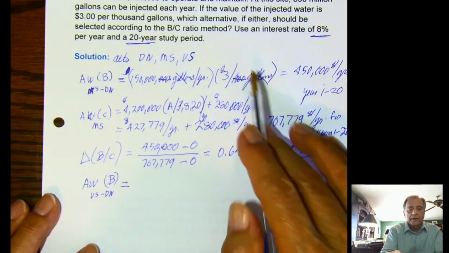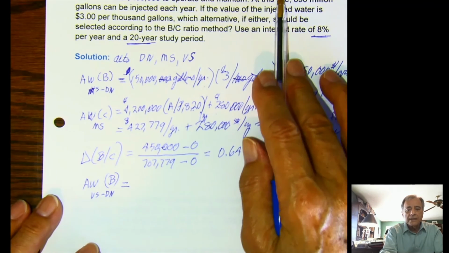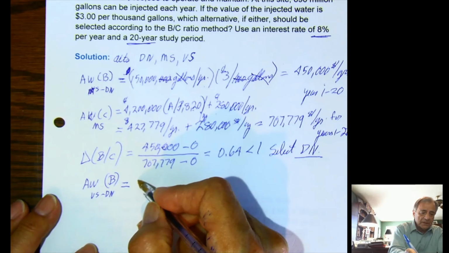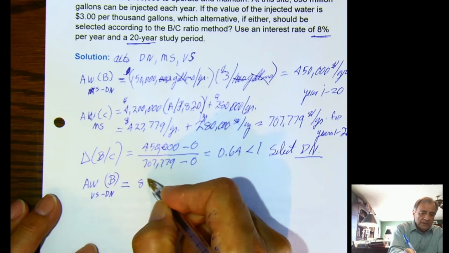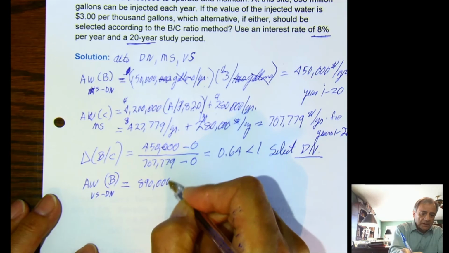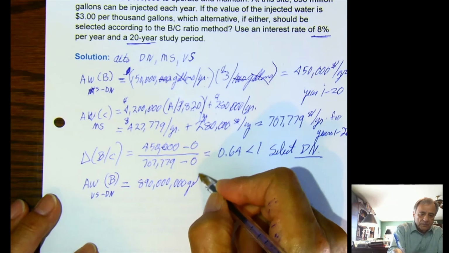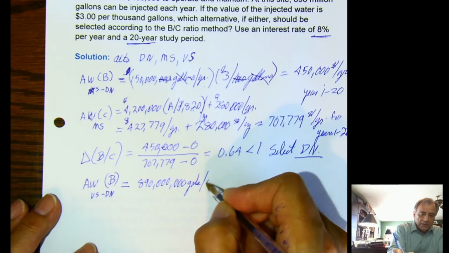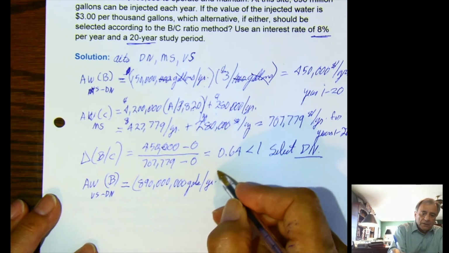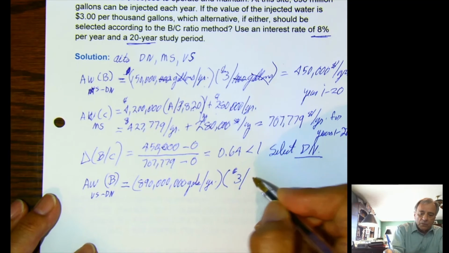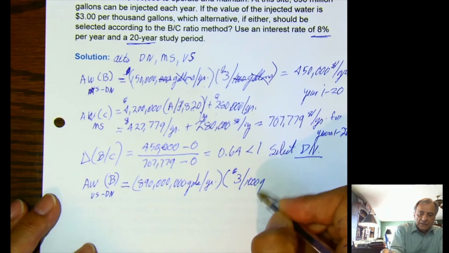Well, this one has 890 million gallons a year, so this is going to be 890, lots of zeros, and this is going to be gallons per year times $3 per 1,000 gallons.